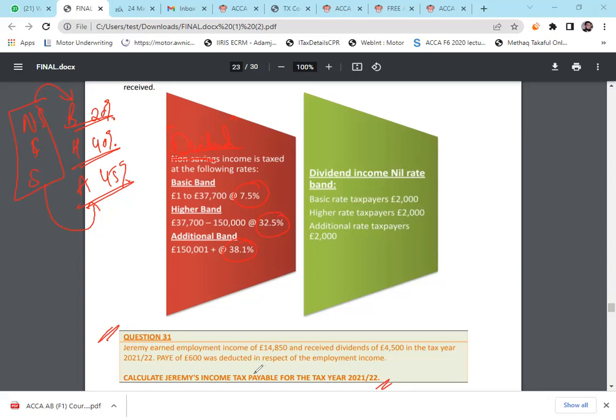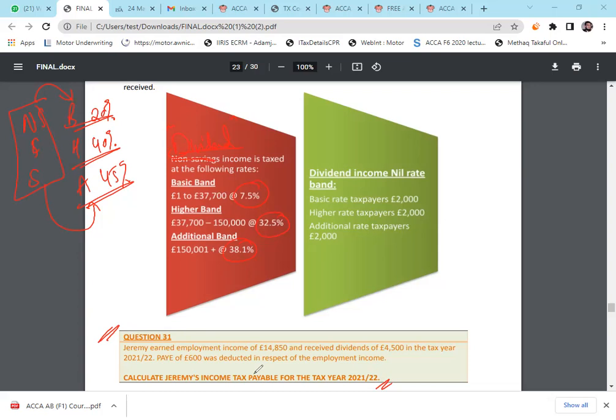Now in this question, we have how many incomes? We have employment income, which is non-savings income, and pay as you earn, £600, is a reduction in the liability. It's not an income.